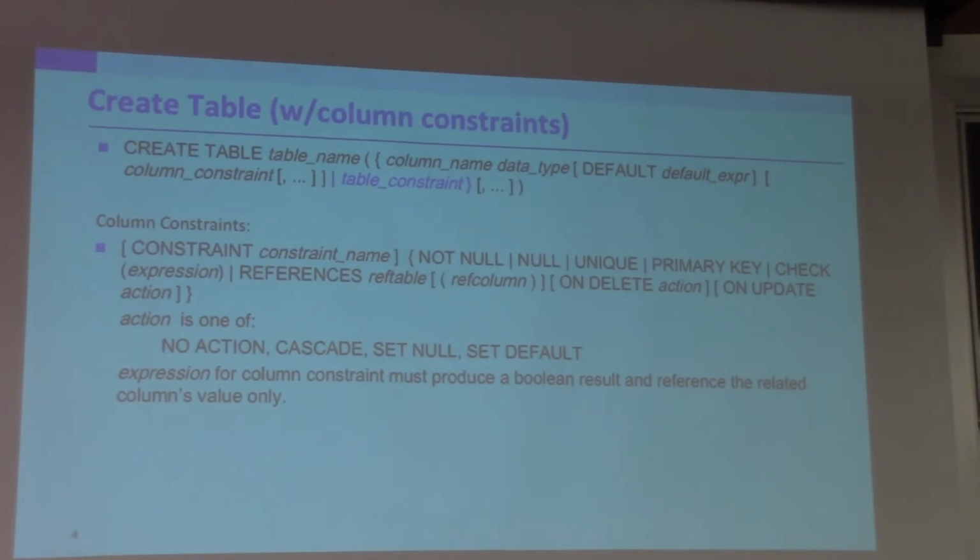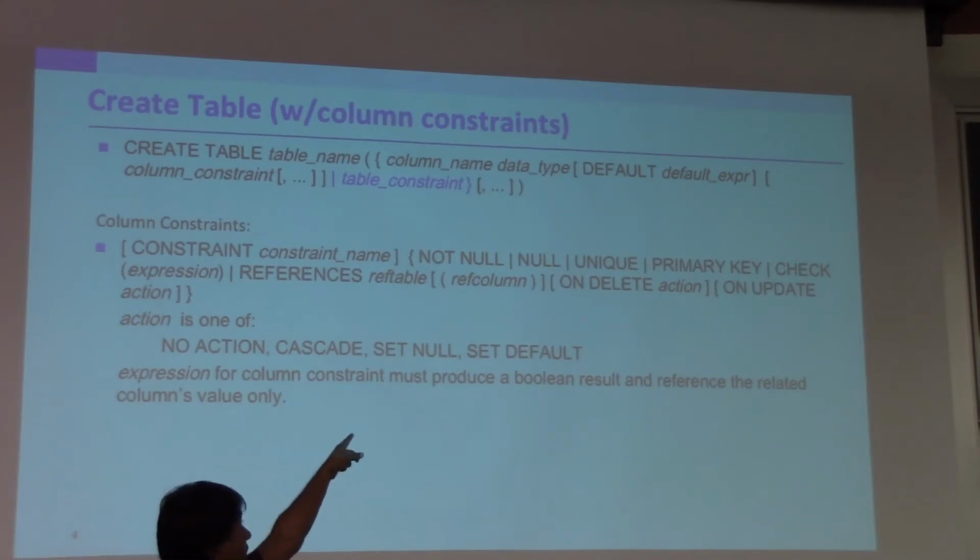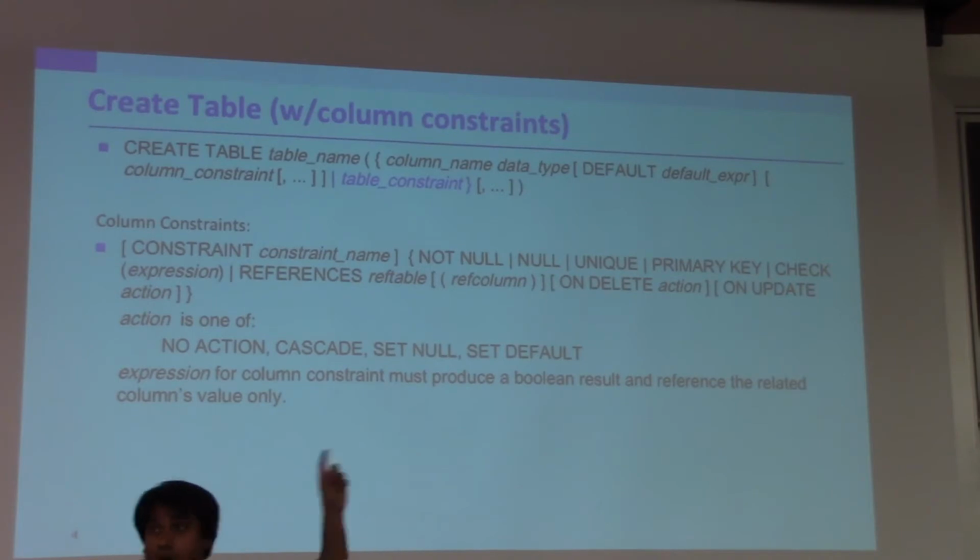So in that case, you usually do no action. So reference table. I'll create a course table with reference to the student ID table, and the column, that is the student ID, students table and student ID, and on delete action, I can either choose no action, cascading delete, or set a null value for them.